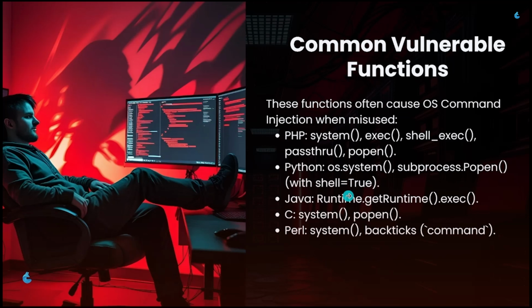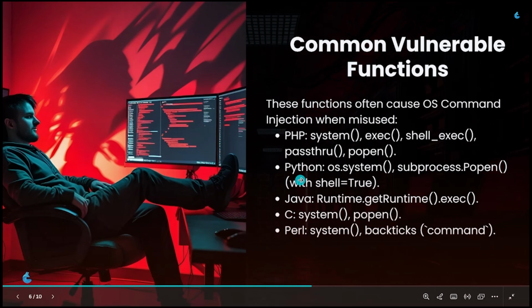Similarly, in Java applications that call Runtime.getRuntime().exec, or in C programs that use system or popen. And in Perl we have system or backticks for command execution. These functions are really dangerous, and if a developer uses them in your application, then the application can be vulnerable to OS command injection without any doubt.